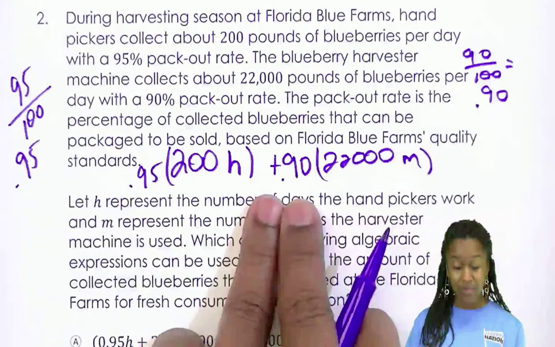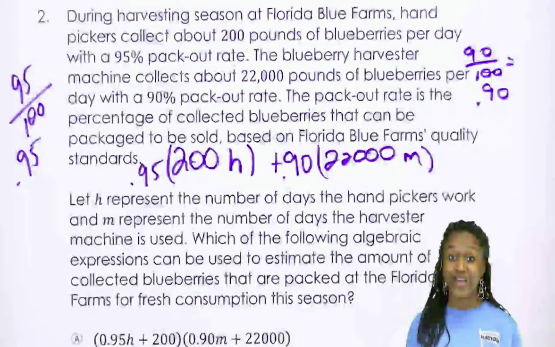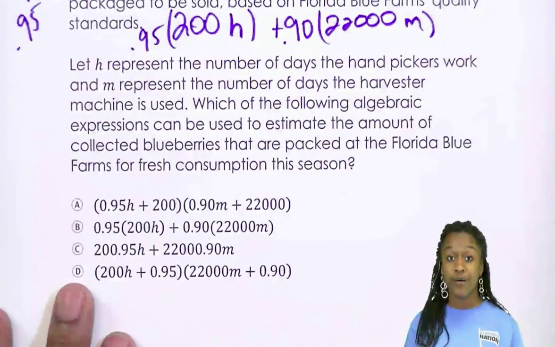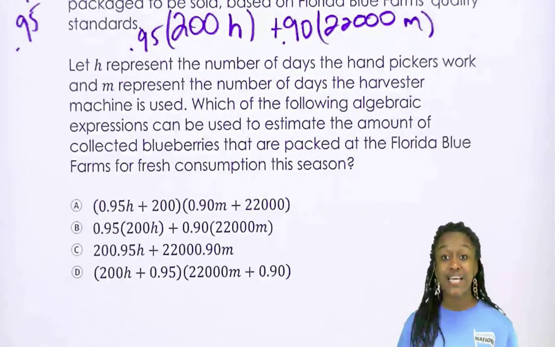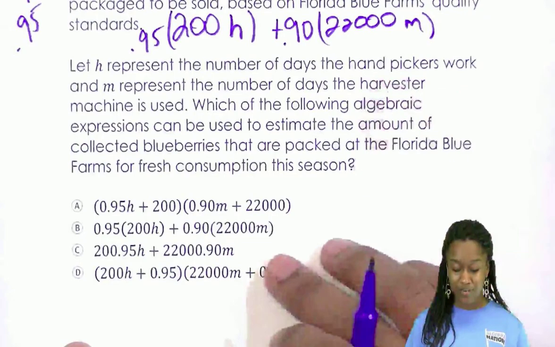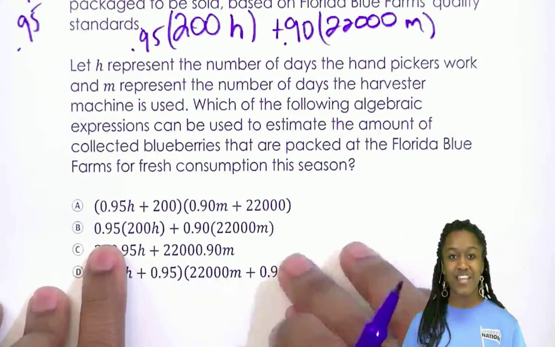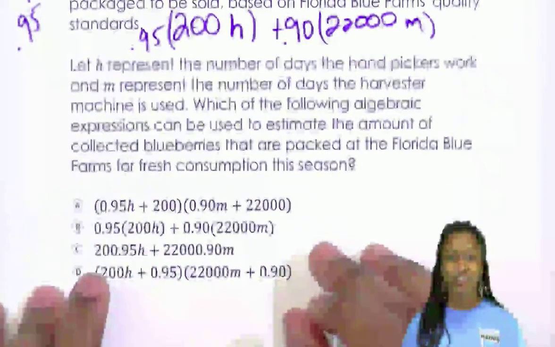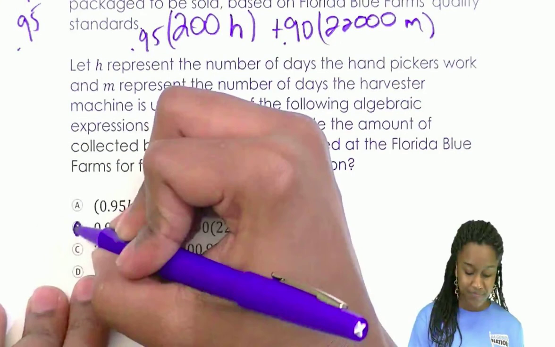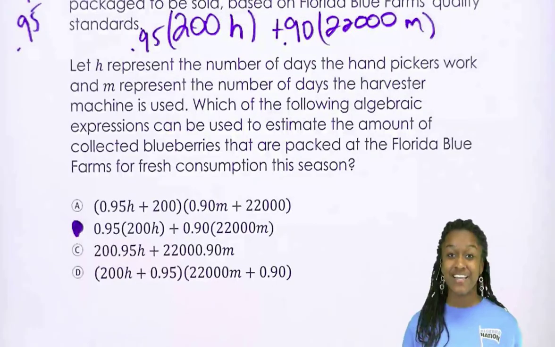And then we combine these two so that we can get the total amount packed for the entire season based on hand picker's performance and the harvester machine's performance. So which expression matches ours, and the answer choice is here. Looks like answer choice B. All right, so B is our correct answer here.